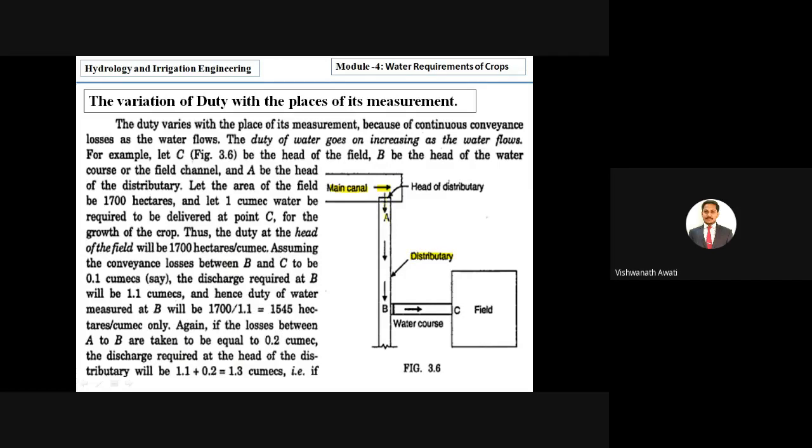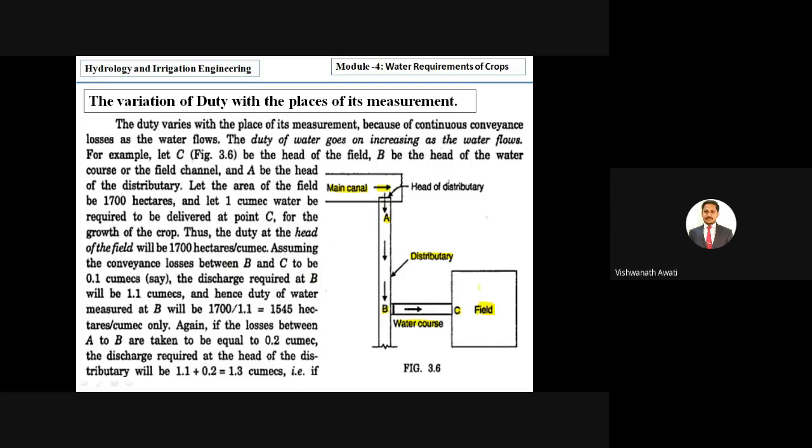Then it is flowing towards A, then again near B, then it's going to the water course, right? So here it is a main canal, distributary canal, then water course to the field. If I take an example, there is a flow towards A, then B, then C. C is for the field, right?